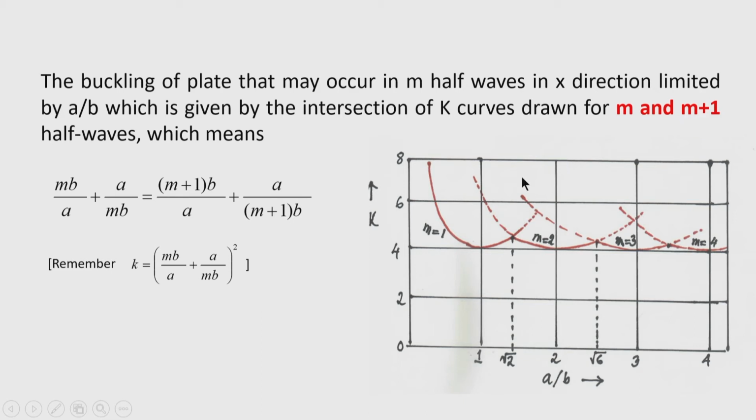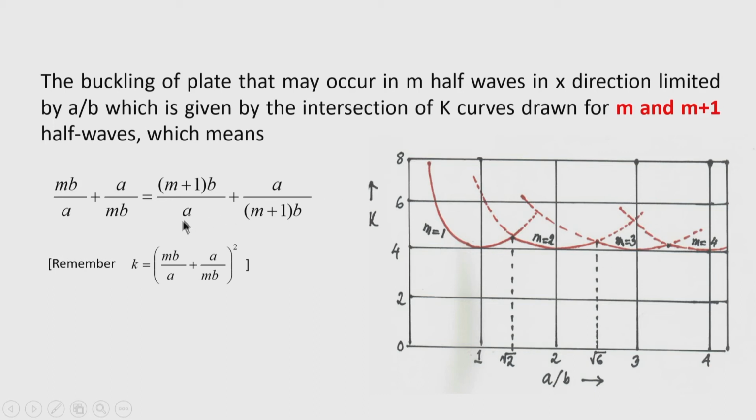You have seen that for any consecutive values of m that we take, say m equal to 2, m equal to 3, here we find the point up to which the buckling coefficient can be found, considering m equal to 2. Then again from here to here, at the intersection of m equal to 3 and m equal to 4, we find that the buckling coefficient is valid for m equal to 3. So, that pattern is seen from the graphical representation.